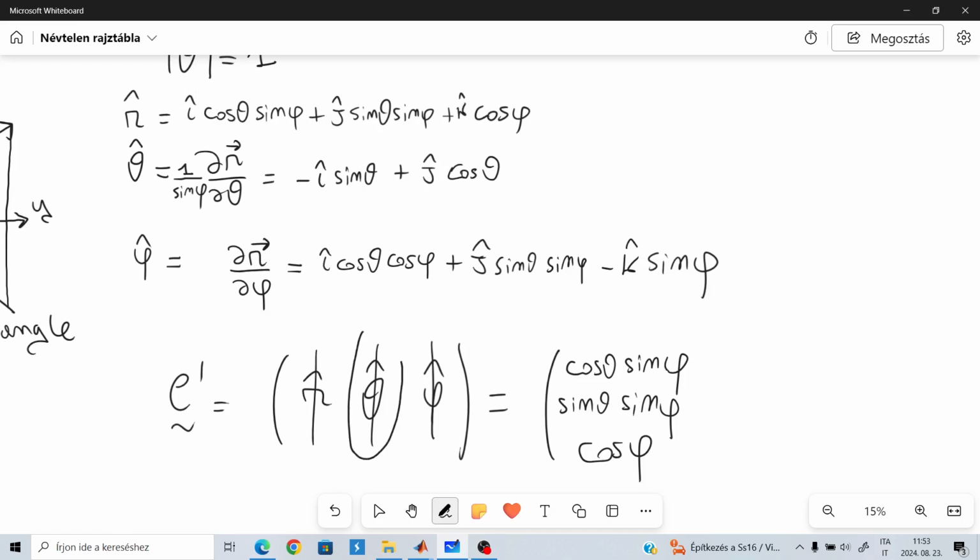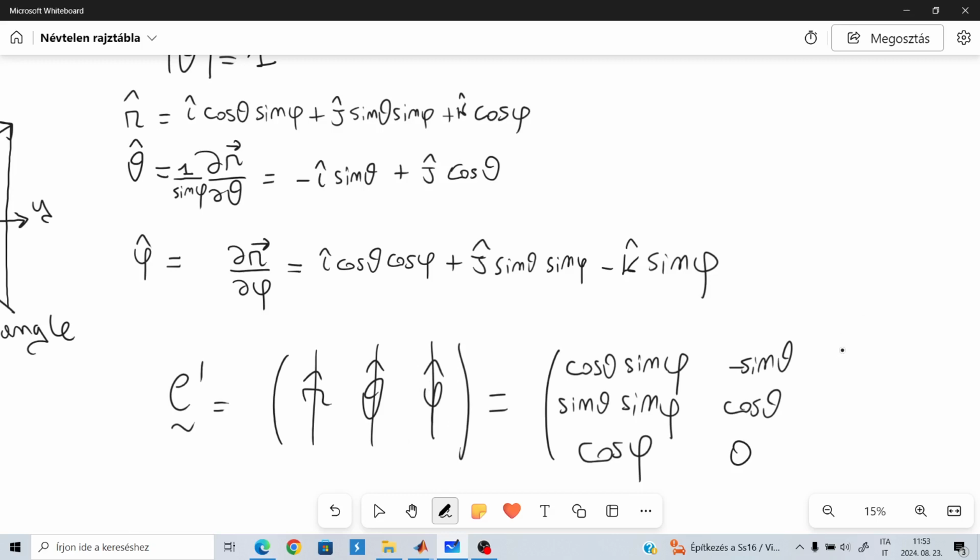Similarly, we can write down the components for theta. So we have minus sine theta along i, cosine theta along j, and 0 along z. And similarly, we have phi.